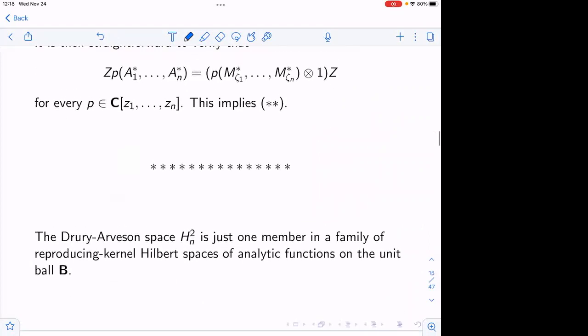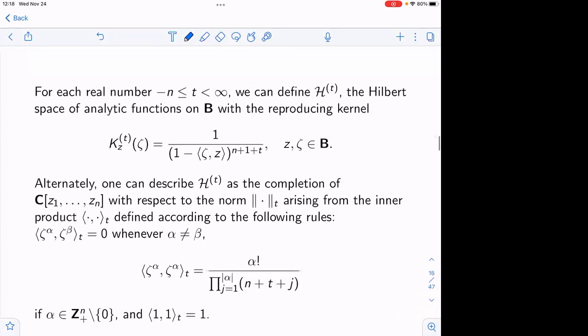Now, it will be beneficial to view the Drury-Arveson space as just one member in a family of reproducing kernel Hilbert spaces of analytic functions, because from the perspective of reproducing kernels, you will see that this comes very naturally.